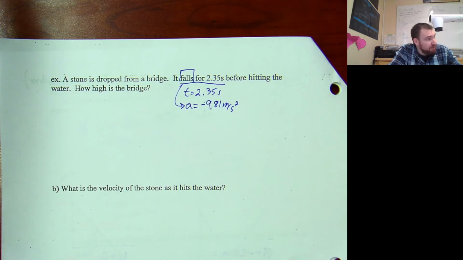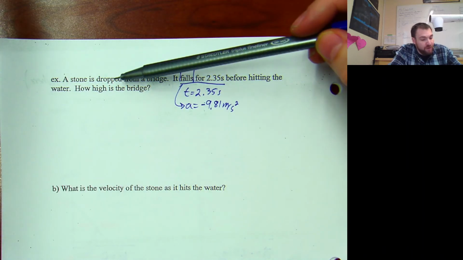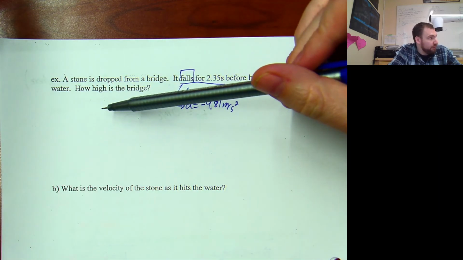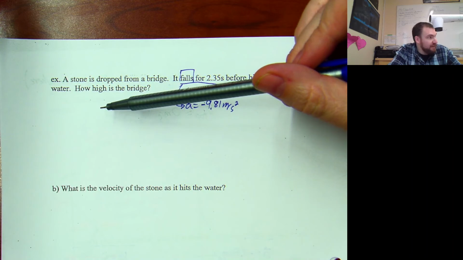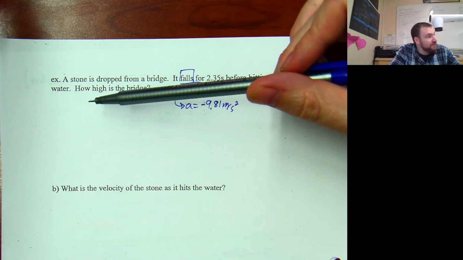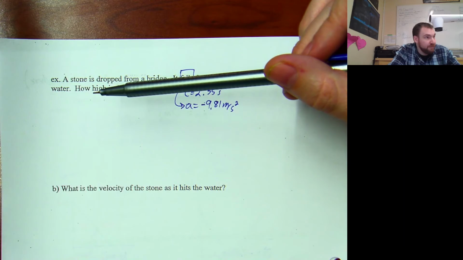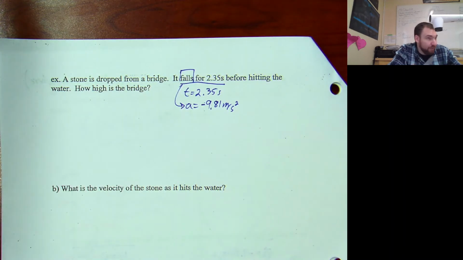VF is 0? You sure? Let's say this way. I drop a stone from a bridge and you're in the water. Does that stone have 0 velocity when it hits you? No, it's going to hurt because it has lots of V. So we need one more piece of information here.